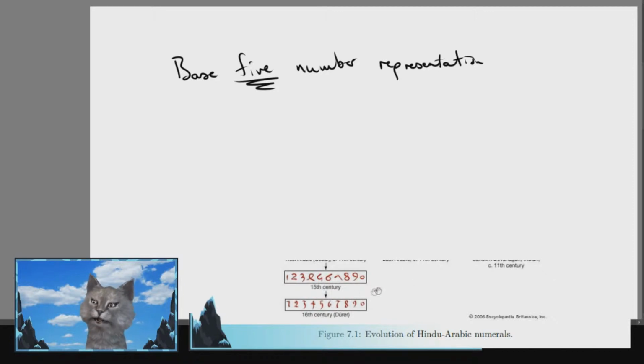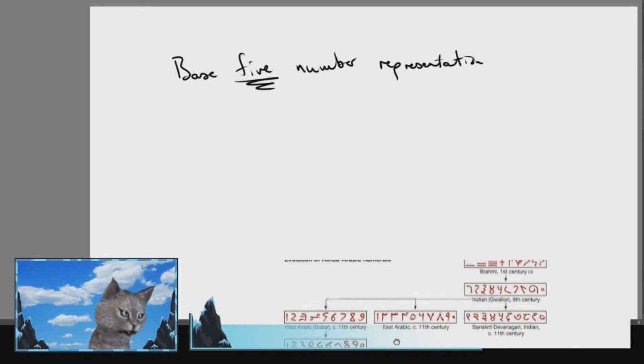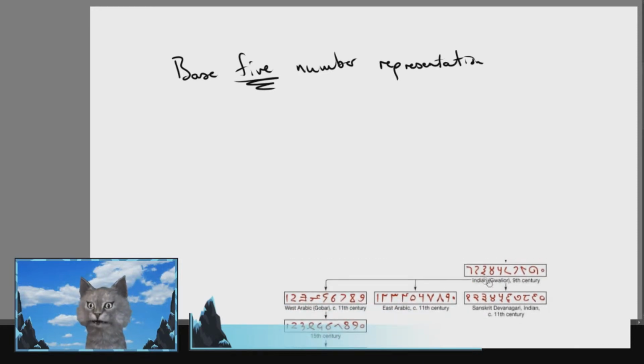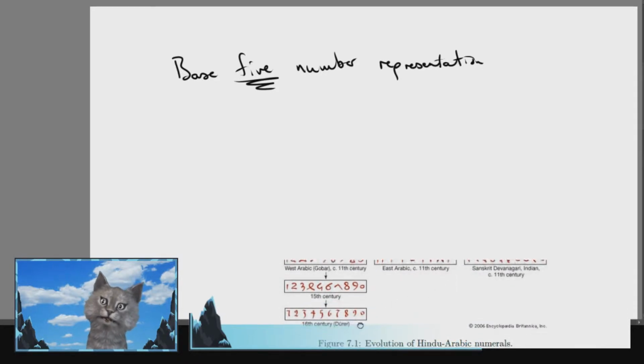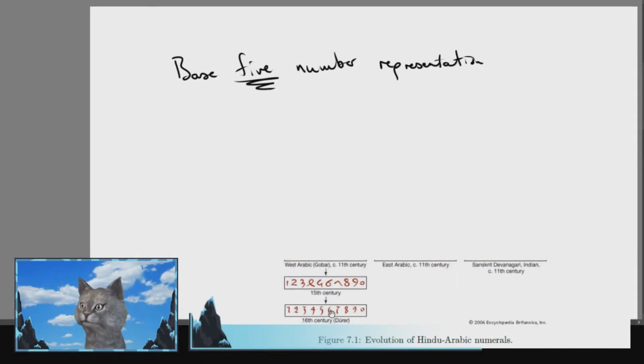To emphasize that these are just symbols, we can use any one of these to represent our digits when we're representing a number. We just happen to use this bottom one. But it doesn't have to be, and these change over time, and we are just used to these last ones. If you were born in around the 11th century, you would be used to another way of writing your numbers.